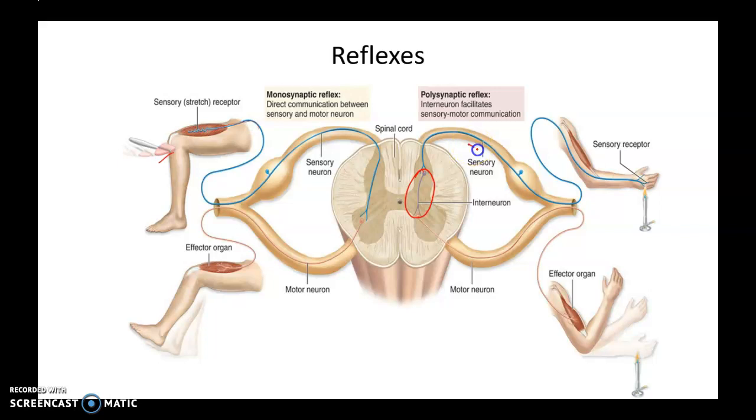So we have incoming information, then we have processing here by the interneuron, and then this is the outgoing motor command that goes to the effector, in this case skeletal muscles. So we understand monosynaptic and polysynaptic reflexes.